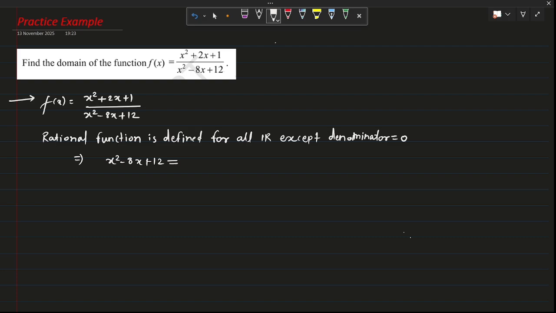So it must be not equal to 0. The domain must not contain such x which satisfy this quadratic equation.